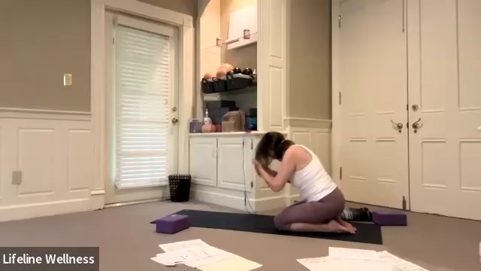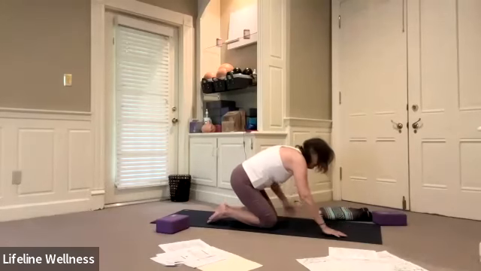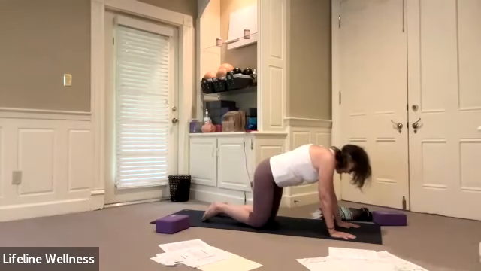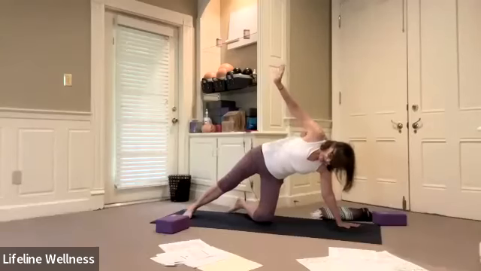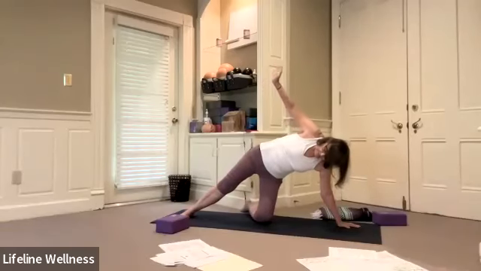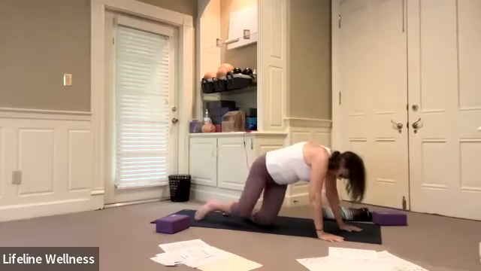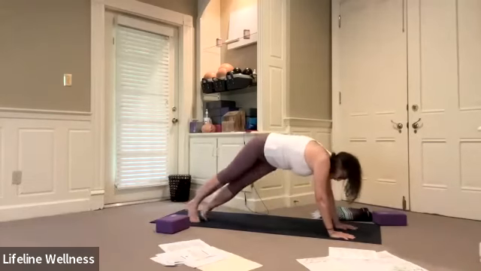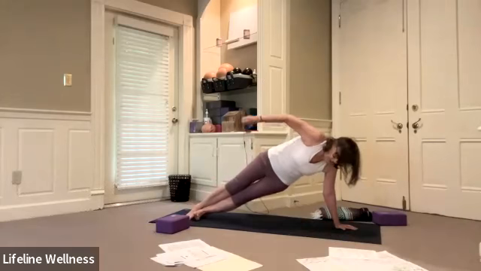So we'll come up and we'll do a side plank on the other side. I'm turning so you can see. Now maybe your side plank is going to be you can come up on one knee and just keep one foot down like this. Or you can try to do it the other way. So we start out in plank. We roll over to the left. We stack our legs. We lift our arms.